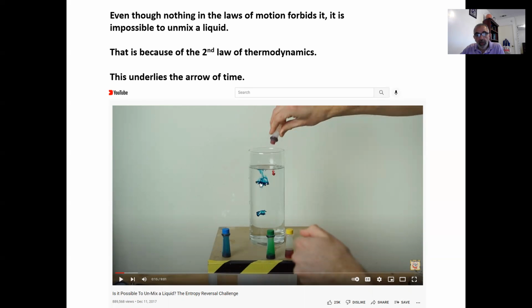And when you stir the water, the food coloring mixes in, and the water will become a homogeneous color, like this. Clear water is now pink. Now, if you keep stirring, there is again absolutely nothing in the laws of motion that would forbid the individual molecules from collecting again into discrete droplets of water.